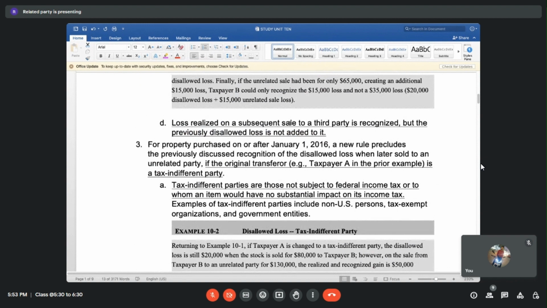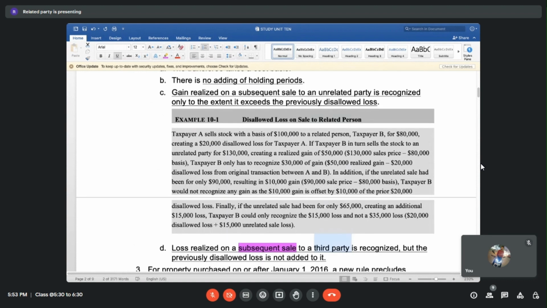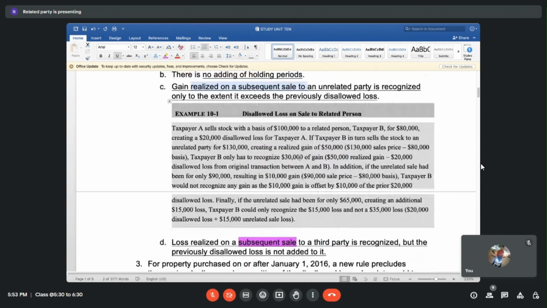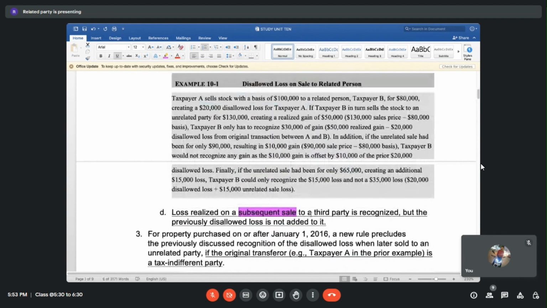Losses realized on a subsequent sale. Then they're again talking about a subsequent sale to a third party. It's not a related party. So here we saw if there are any gains realized on a subsequent sale. Now they're saying if there is a loss realized on a subsequent sale, it is recognized, but the previously disallowed loss is not added to it, because it is happening from B to C, which is an unrelated, non-related, third party.